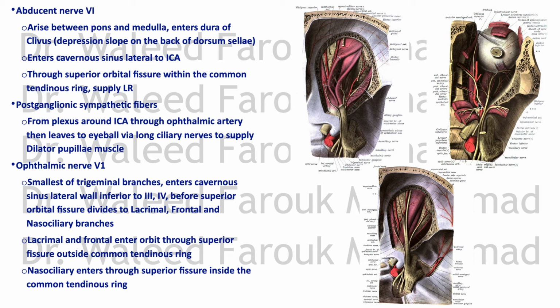Lacrimal, frontal, and nasociliary. Now the lacrimal will go to supply the lacrimal gland and its capsule, and goes out, supplies the upper eyelid at the lateral side, of course. Remember, the lacrimal nerve is joined by a communication from the zygomaticotemporal nerve that carries the parasympathetic to the gland, right? The frontal usually splits into supraorbital and supratrochlear.